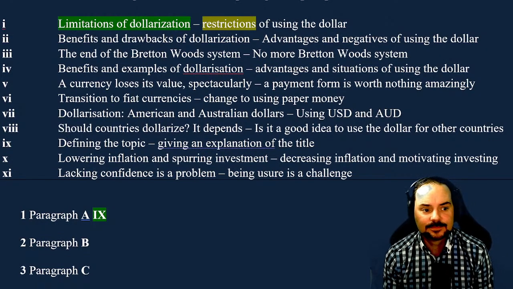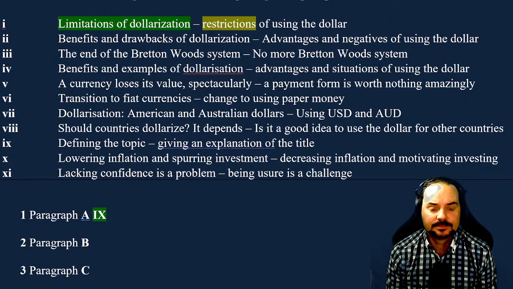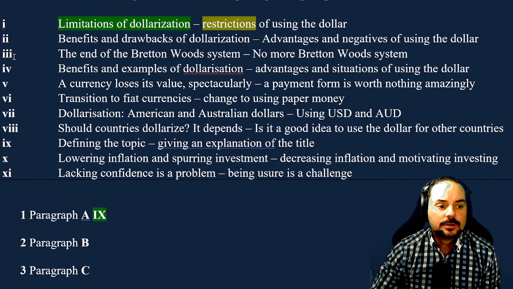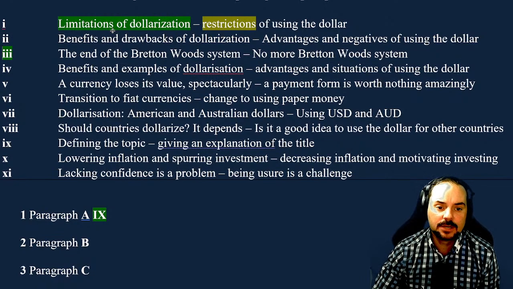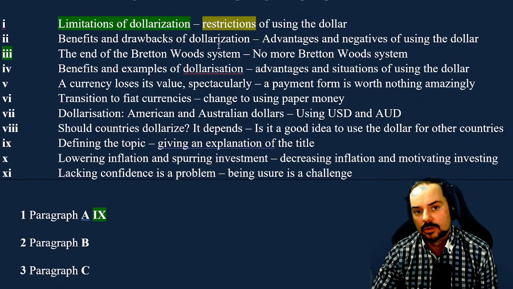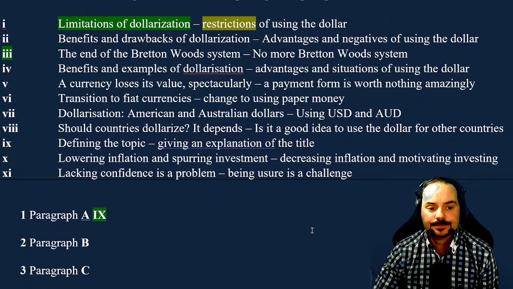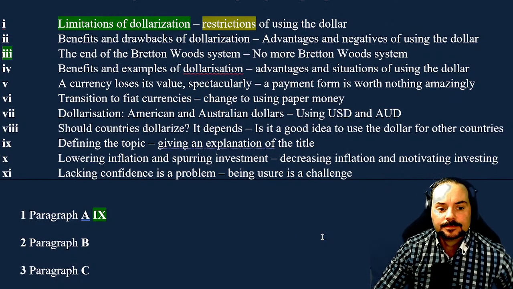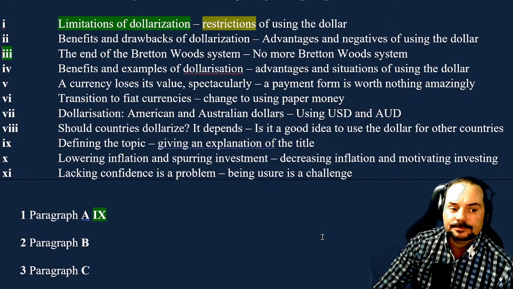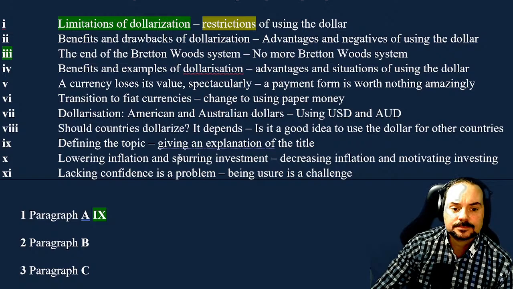Yes, I was also thinking about the end of the Bretton Woods system. Okay, good. So the end of the Bretton Woods system is one possible choice here, right? What would be your second choice? Think about it this way: if it's not the end of the Bretton Woods system, what would be choice number 2 for you? If I remember, it was a transition to fiat currencies.